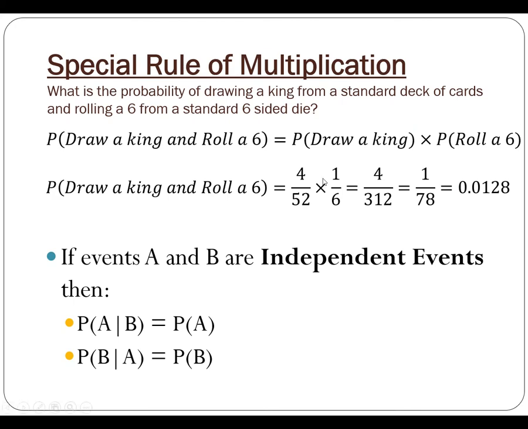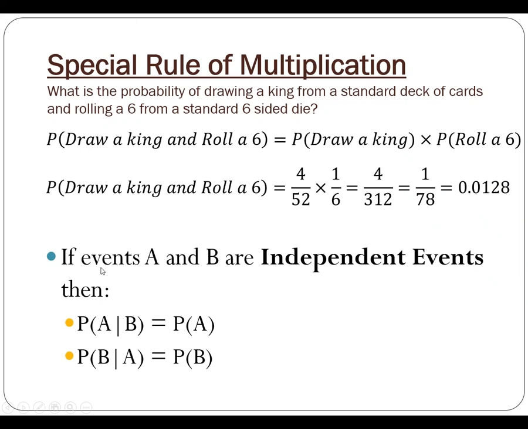So the probability of drawing a king is 4 out of 52. On a standard 6-sided die, there's exactly one 6, so that's 1 out of 6. We multiply those, so that's 4 out of 312, or we can reduce that to 1 out of 78, or 0.0128 as a decimal, or 1.28% of rolling a 6 and drawing a king.